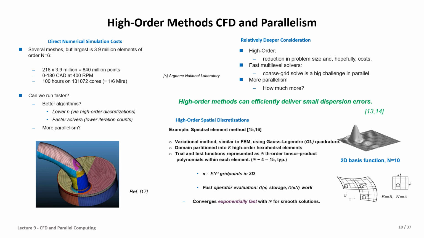Then the question is, if we run it faster, do we need a better algorithm or more parallelism? Which one is required to deal with the speedup? And when we are solving faster, it will impact our solution also. This is required to be considered when we are using parallelism for a CFD problem.